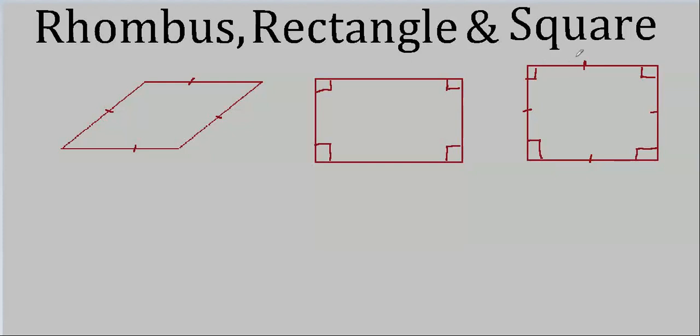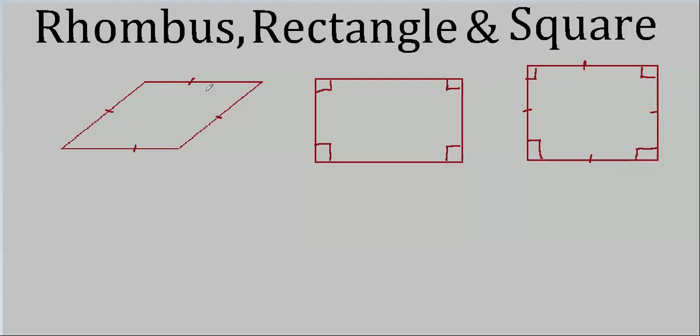As I'm sure you know, a square has 4 congruent sides. Every side has the same length. Well, a rhombus is exactly the same thing, except for one difference. We got right angles here in this square, and that's a requirement for a square. 4 right angles.